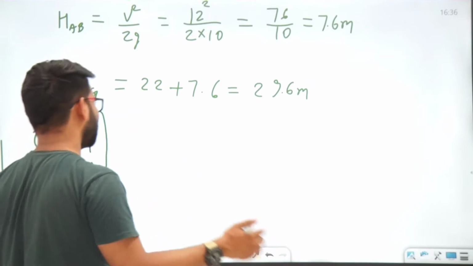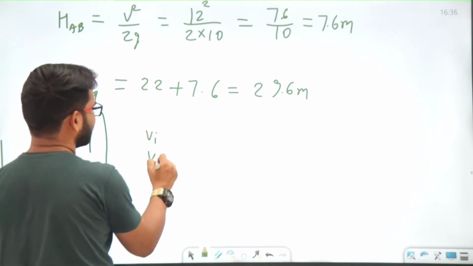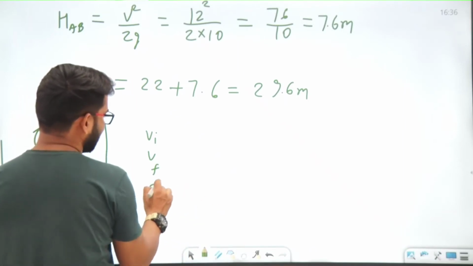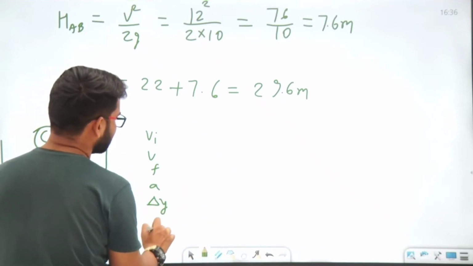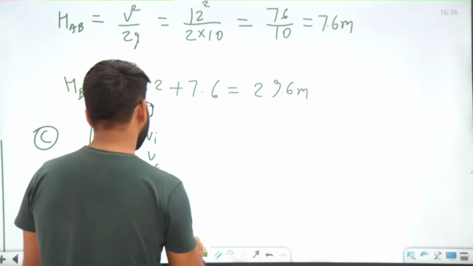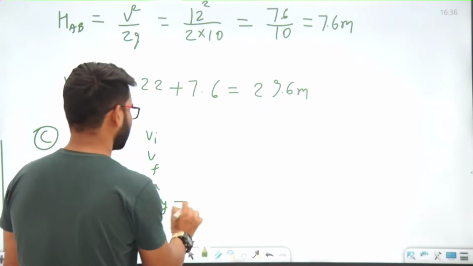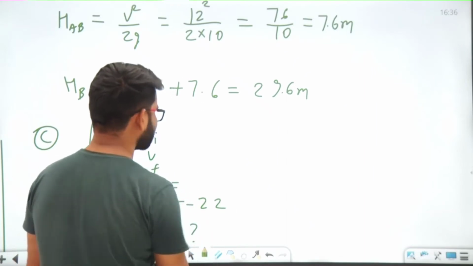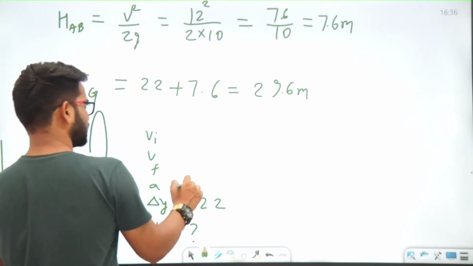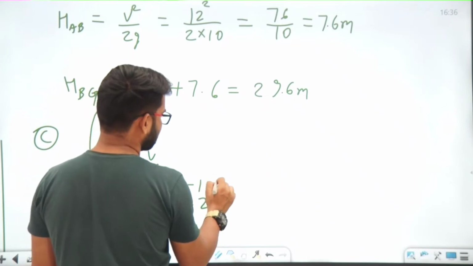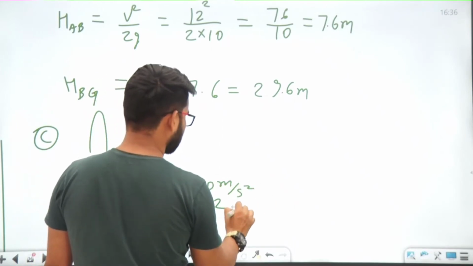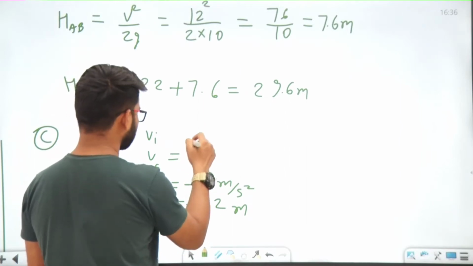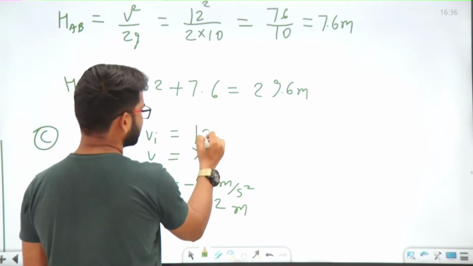You have to write the quantities Vi, Vf, A, delta Y and T, right? We have asked about T and we know delta Y will be minus 22, acceleration will be g, that we can take as minus 10 meters per second square, minus 22 meters, Vf we are not interested in, and Vi is 12 meters per second.